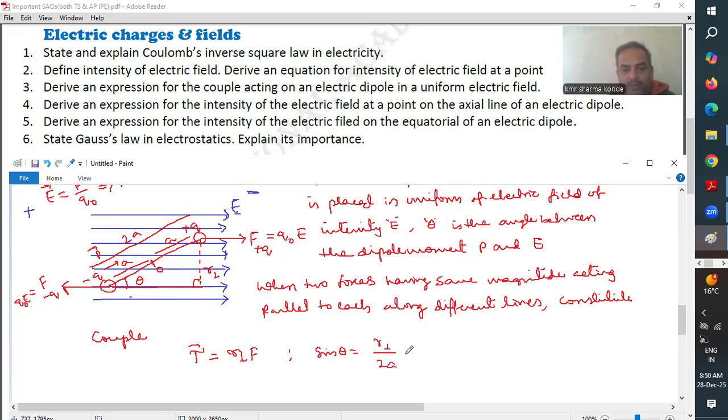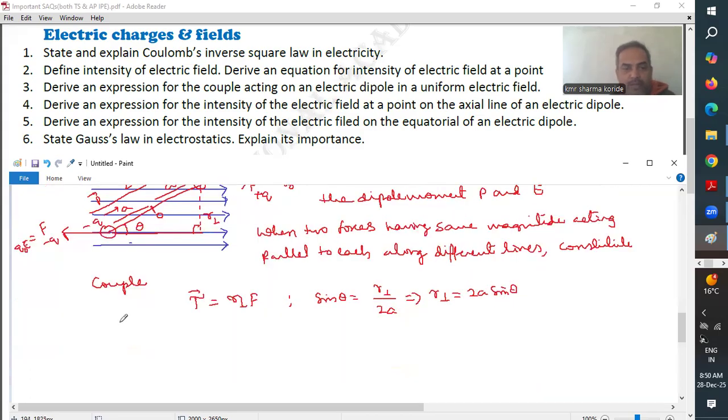So we can say that perpendicular distance is 2a sine theta. Then next term, force: we already said that force equals q naught into E. So q naught is the first charge, otherwise you can simply write q. q is the charge of the dipole with positive sign and the other charge with negative sign.